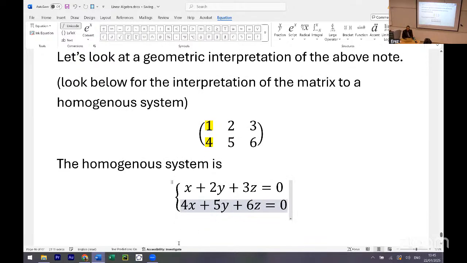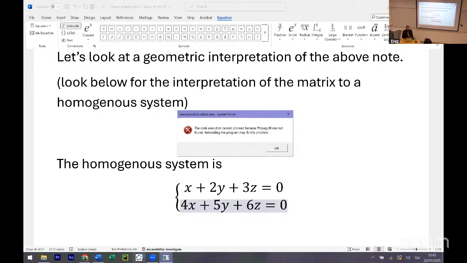These are two planes which I can show you on GeoGebra theoretically.